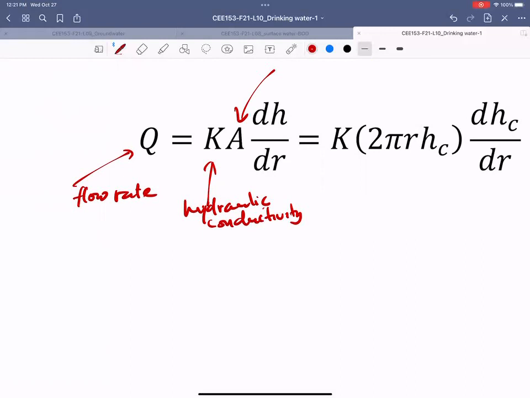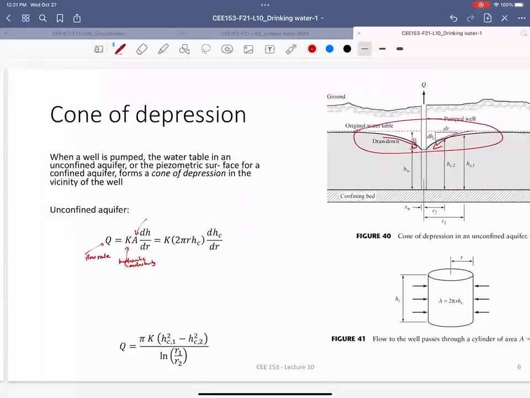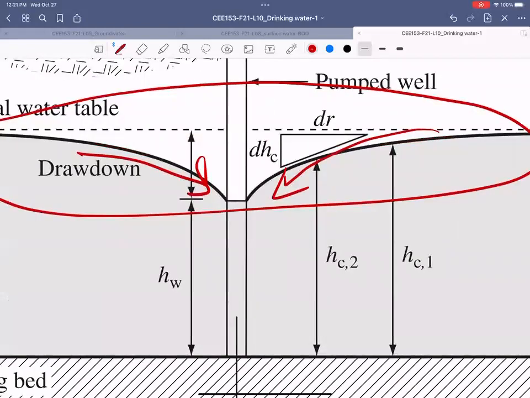And dH over dr: dH is the amount of head drop because of the pumping, and dr is the distance between two points radially, because the head is dropping radially, not on one linear scale. So radius-wise, you can go either way and the head will drop the same way because it's a cone.